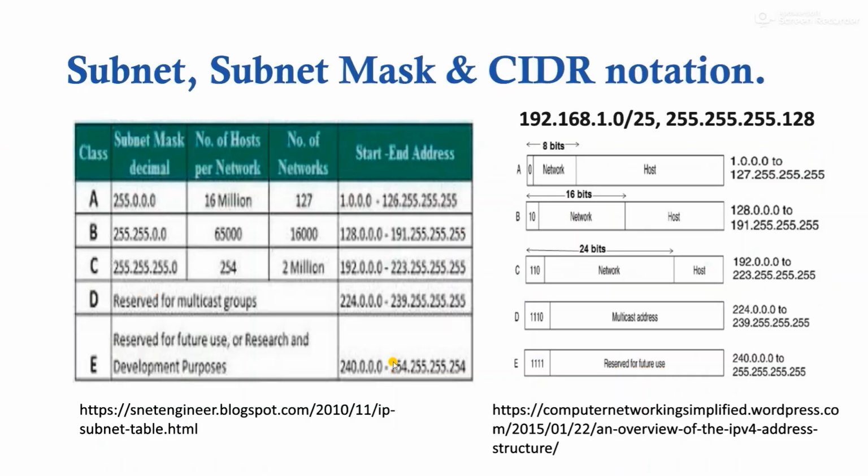Because of that, there's a problem when we have a lot of IP addresses but not all of them are being used. In other words, we are not efficiently using the number of IP addresses.